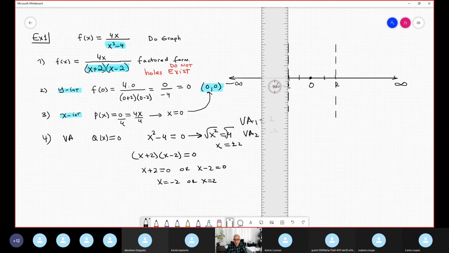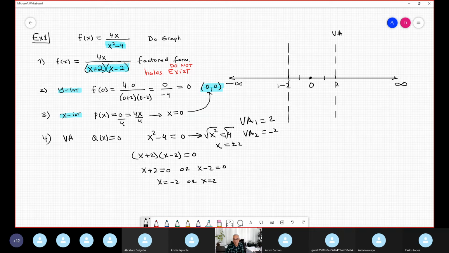Both are vertical asymptotes. It doesn't matter what you call them; on my paper I call them vertical asymptote 1 and vertical asymptote 2. You can use a different name, no problem. Now, in the last topic, if you want to include additional points, maybe I select one here, one here, one here, and one here.